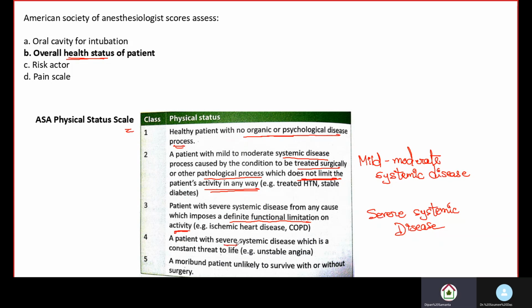Number 4, a patient with severe systemic disease which is a constant threat to life, a constantly life-threatening condition. Number 5, a moribund patient, unlikely to survive with or without surgery.